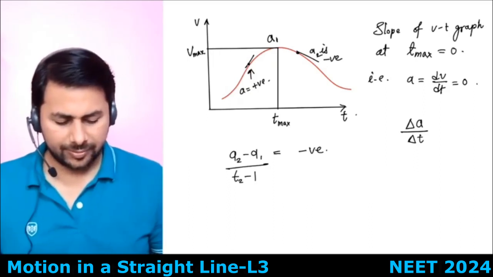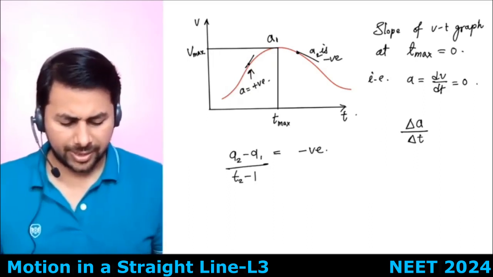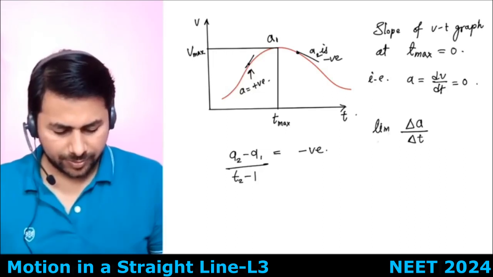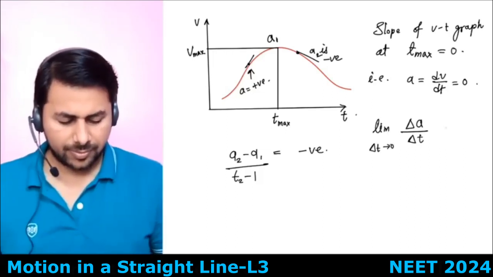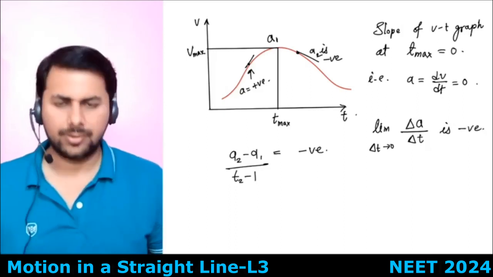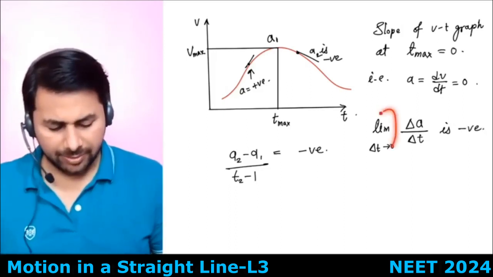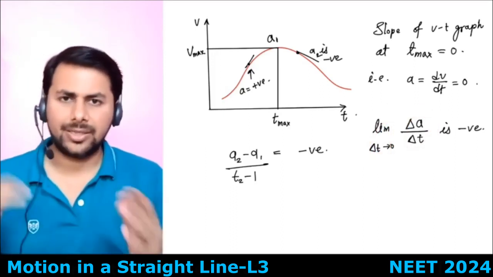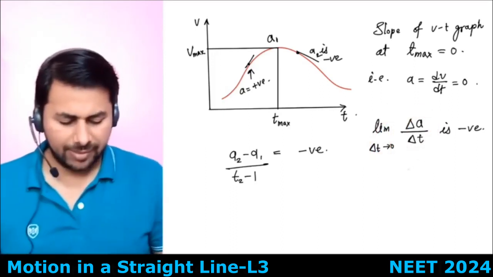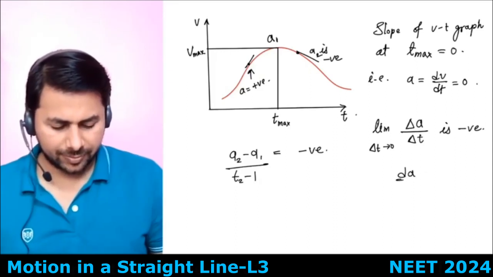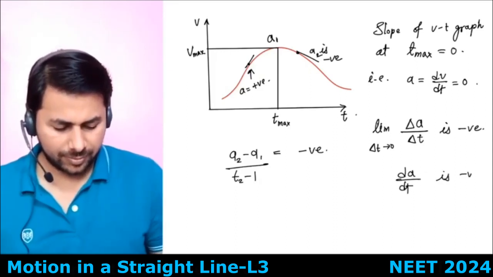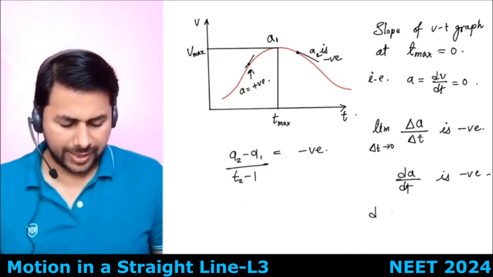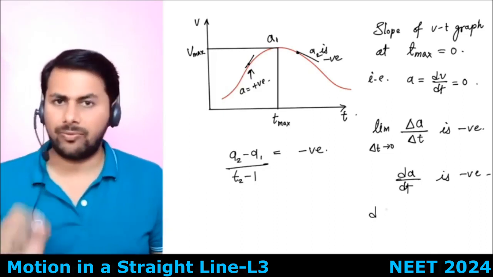So if I take delta t tends to 0, I am just taking a limit. So delta a by delta t is negative. That means da by dt is negative, right? That means, what is acceleration? It is one derivative of velocity.